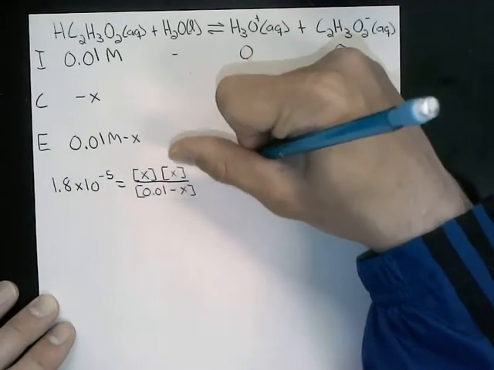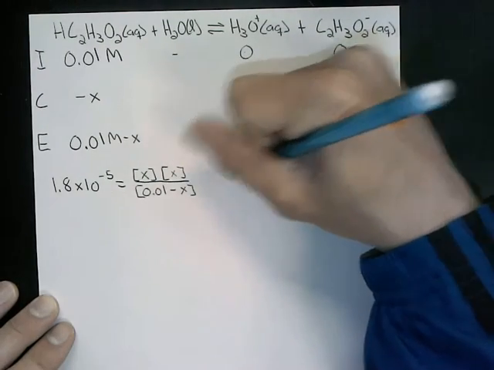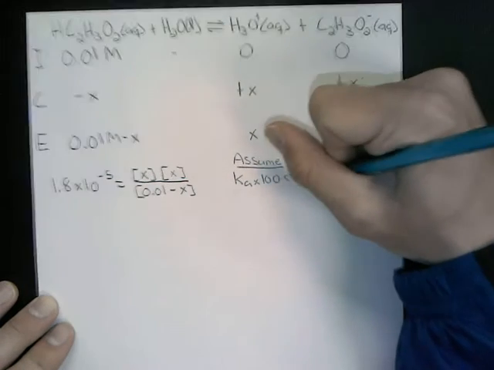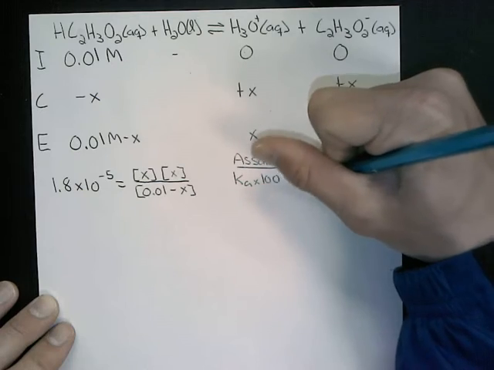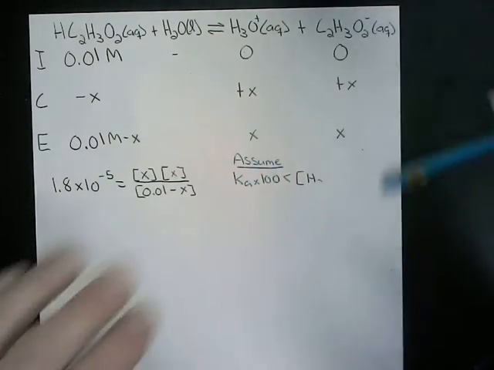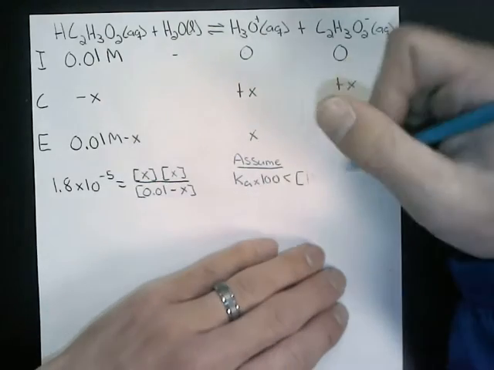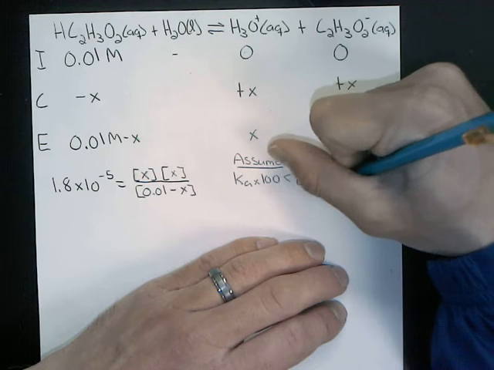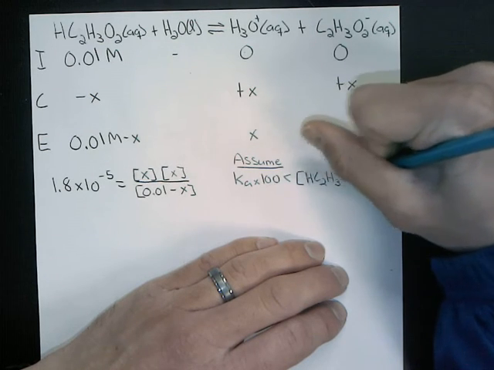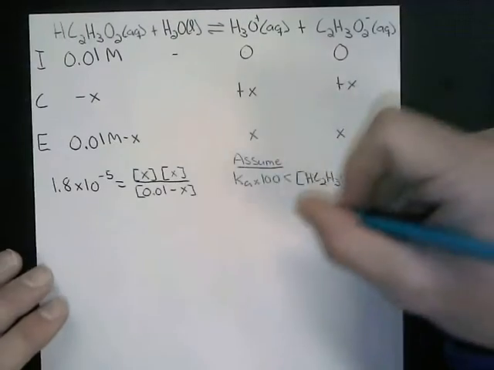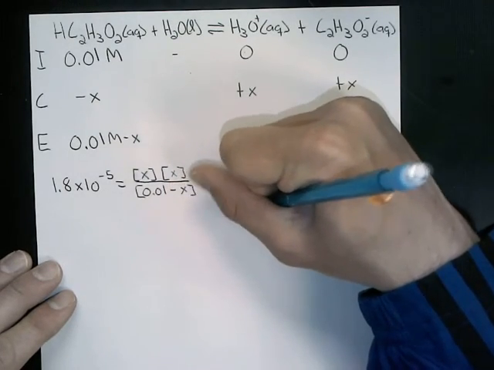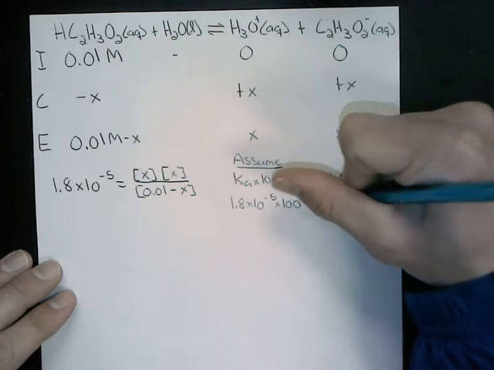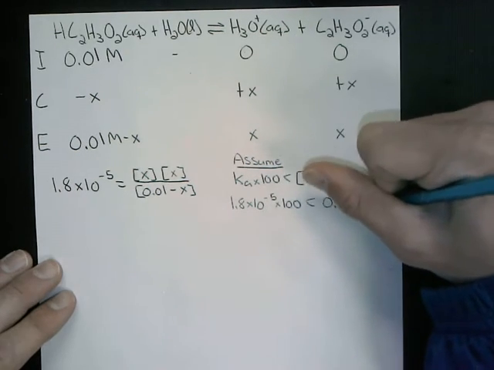Now, remember our assumption. We can assume that if Ka times 100 is less than our original concentration of acid, we can go through this process and say that 0.01 minus X is so small that we do not need to worry about that minus X. So Ka times 100, again, 1.8 times 10 to the negative fifth times 100, needs to be less than our initial concentration, which is 0.01 molar.